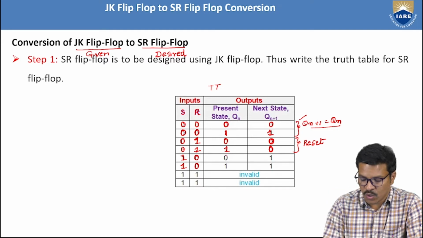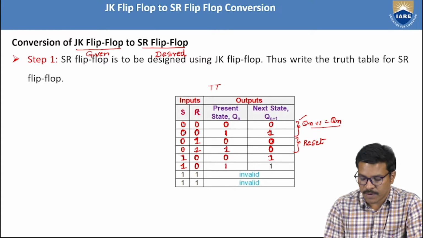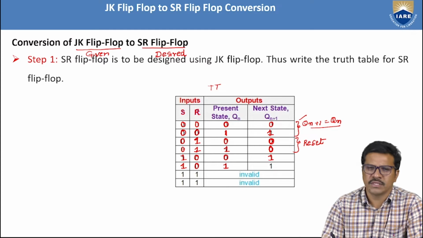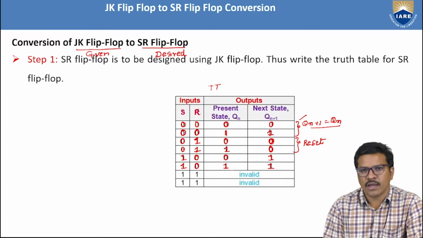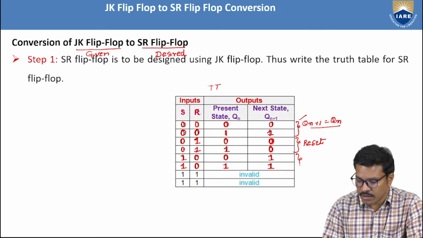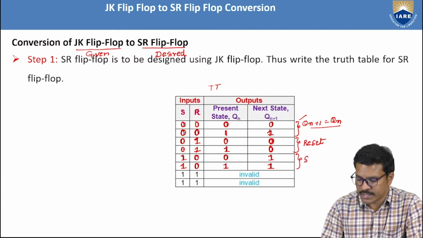If it is 0, the next state gets set, nothing but logic 1. If the present state is already 1, it seems like it is unchanged, but it's not unchanged. Maybe it is in a stable state, but indirectly we can say, as a by-product, that it is in a set mode or set state.